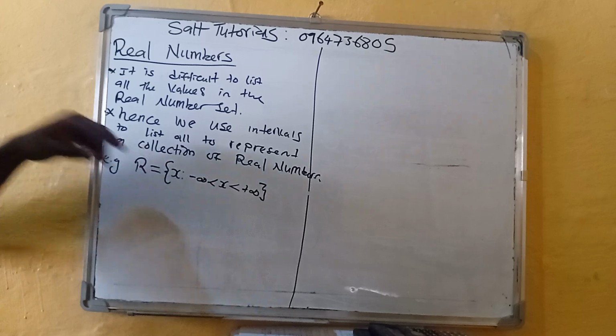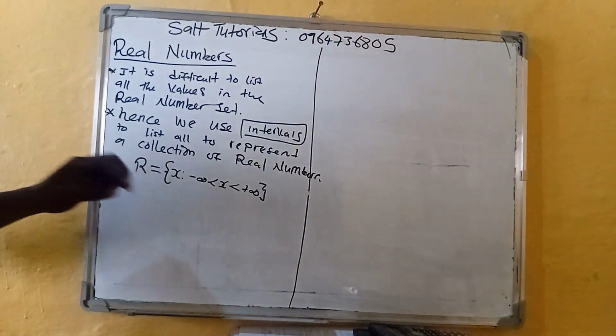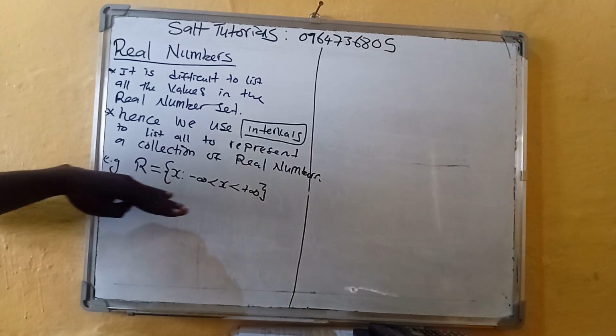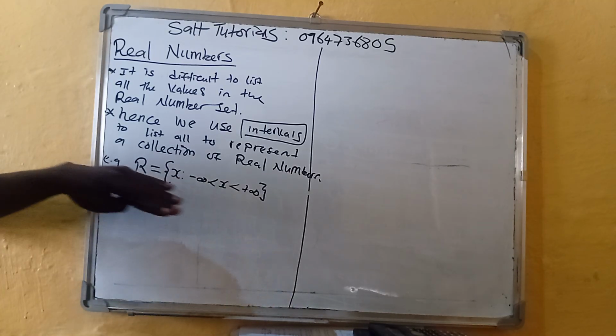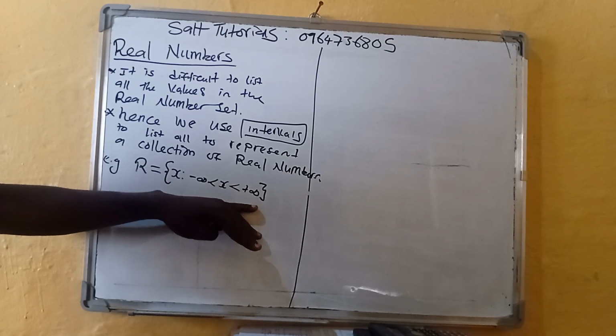That is why we use intervals to list or represent a collection of real numbers. So this will be my real number set. All real numbers run from negative infinity to positive infinity.